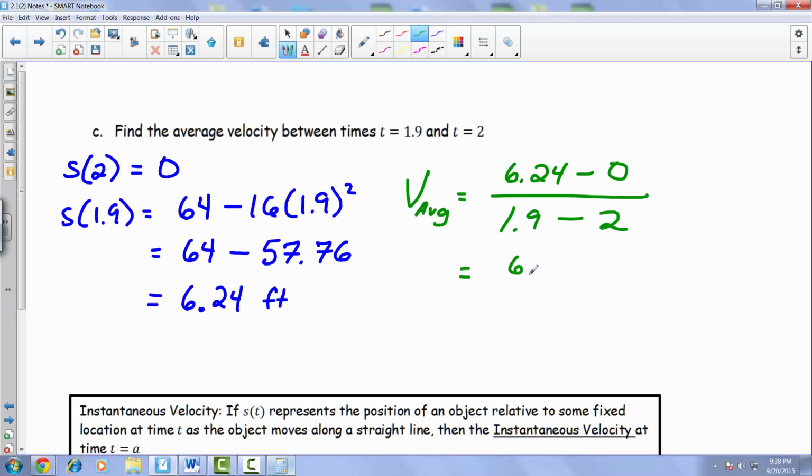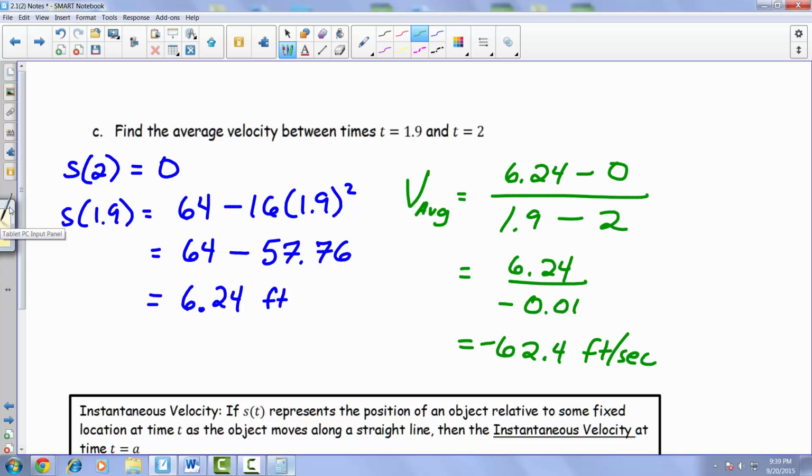So it looks like it comes out to be 6.24 over negative 0.01, which actually comes out to be 62.4 feet per second. And there's still that negative there. So he's going down 62.4 feet per second. So he's actually traveling pretty fast when he hits this pool finally. And this is a pretty decent approximation for that.